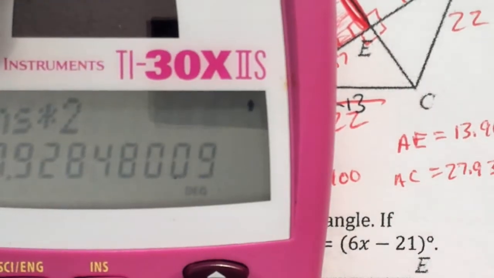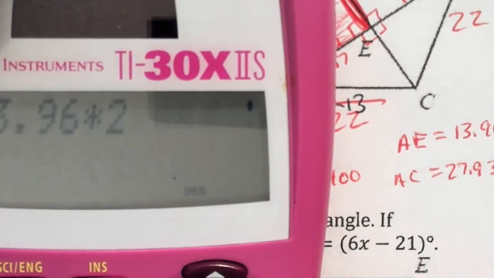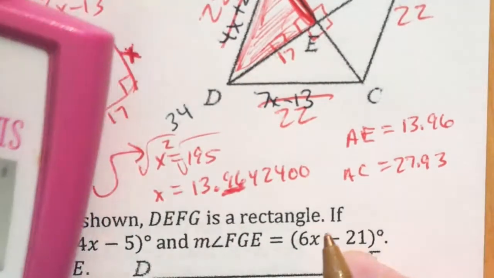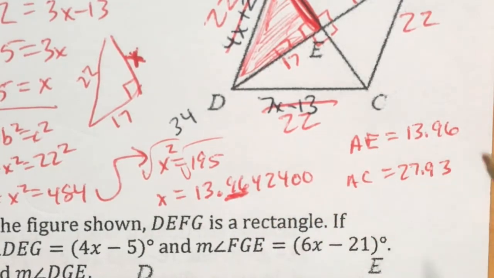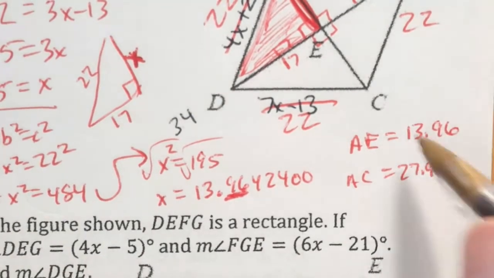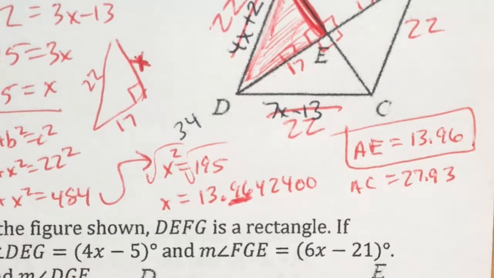Notice if I take 13.96 times 2, I wouldn't get 93, I would get 92. So whenever you're doing the work, use the big long decimal if you're still working. Round at the very, very end. Anyway, our answer is 13.96. That's what they wanted to know.